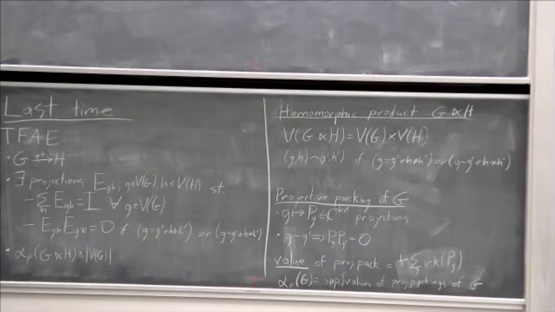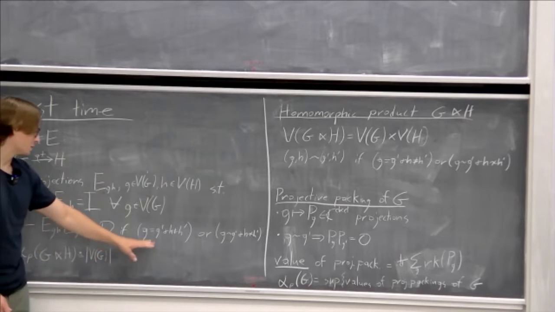We also showed last time that having a quantum homomorphism from G to H is the same as having a certain set of projections that satisfy this summing to identity condition. So if you fix g and sum over h, you get identity, and then you get this orthogonality in certain cases.